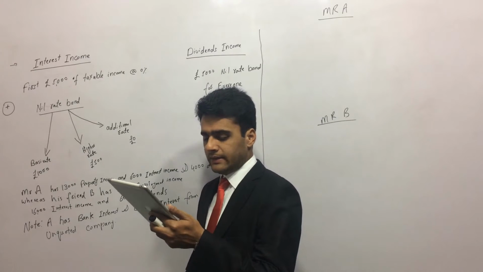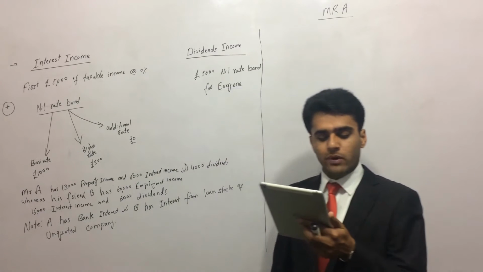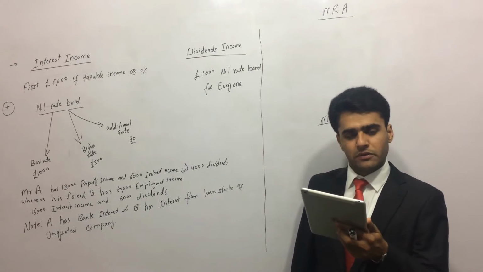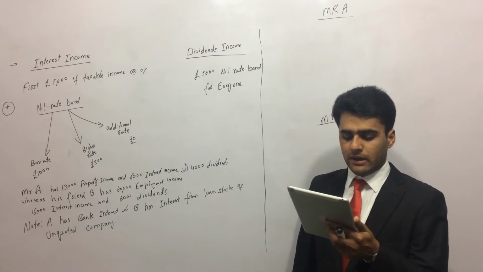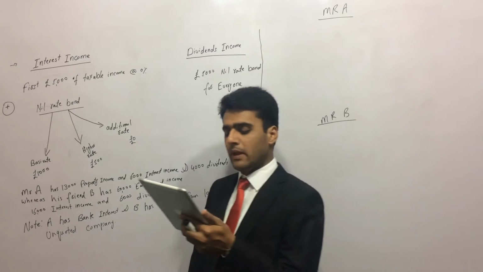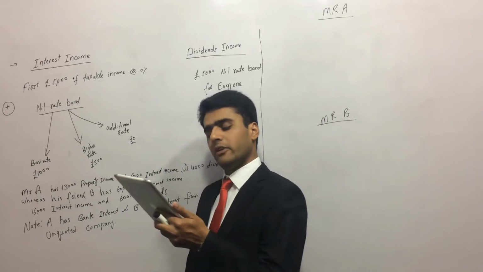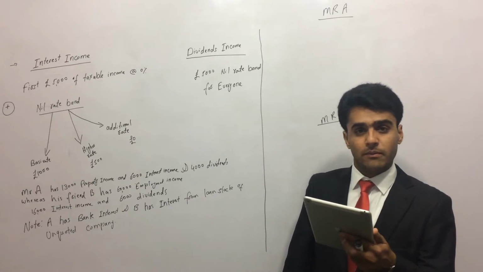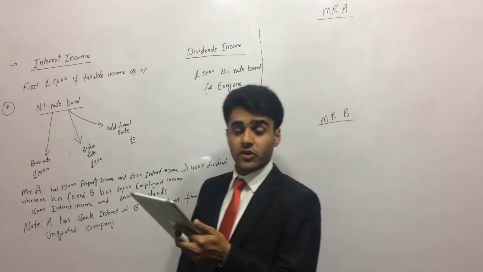It says taxable income starting rate band, which is from £1 to £5,000, is 20% on non-savings income, whereas 0% for savings income. That 0% is only for savings income, because it is the savings income starting rate band.